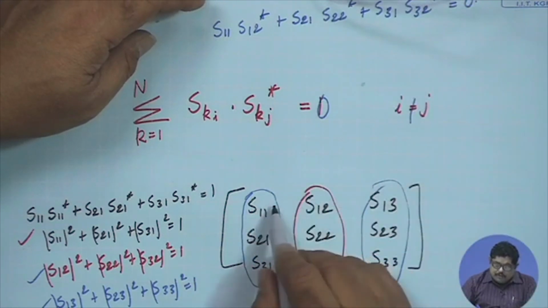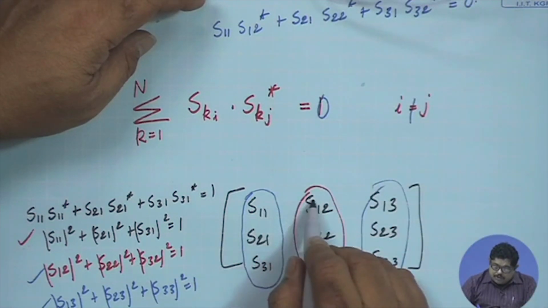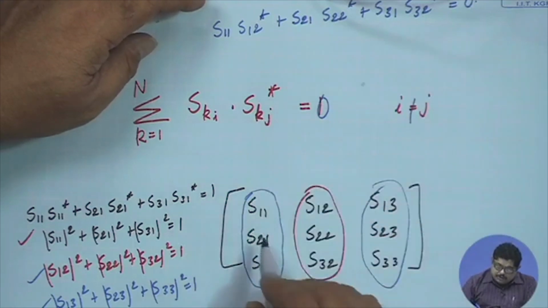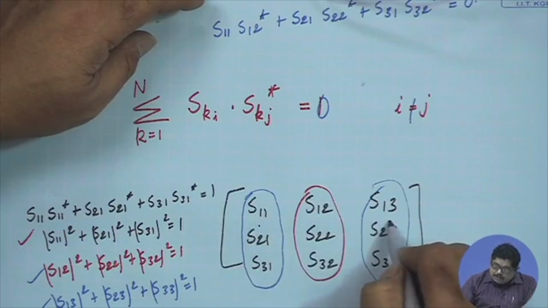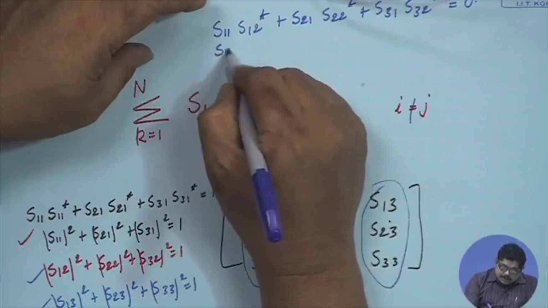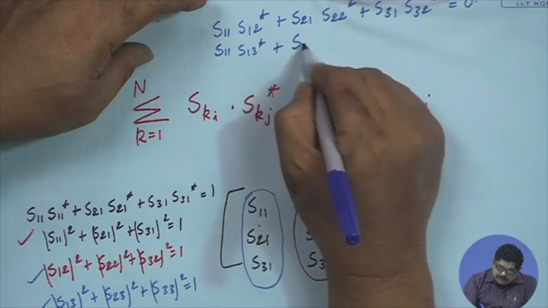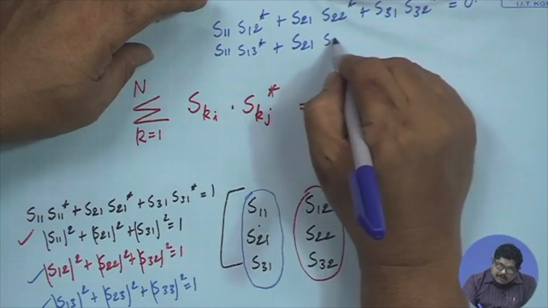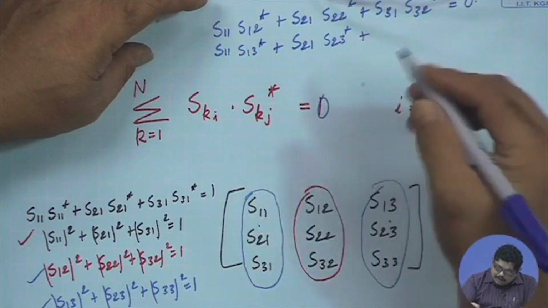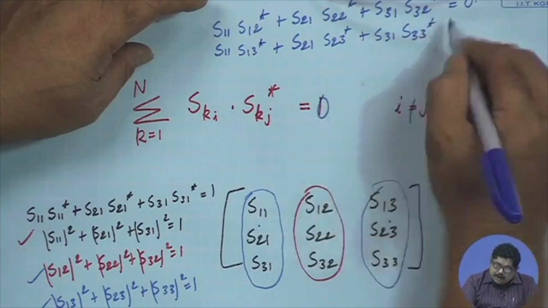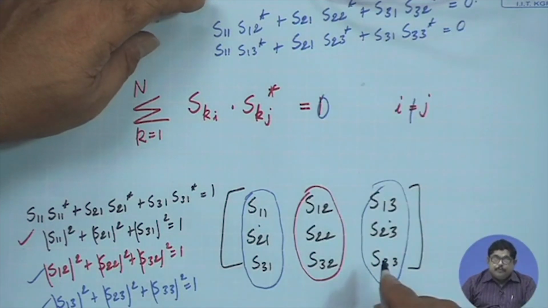These two columns, one column conjugate with the other column, these are different columns. So, that is 0. Then this one with the conjugate of this: S11 S13 star plus S21 S23 star plus S31 S33 star, this is 0.